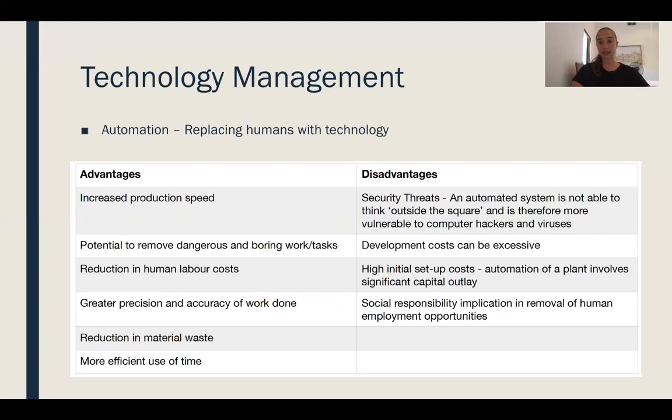Now we're going to go through the strengths and weaknesses of technology, which, as I said before, you can apply to every technological management strategy we go through today. So technology is going to increase the speed of production significantly. Instead of having a human who can make 5 computers in 1 minute, the technology can make 1,000 in 1 minute.